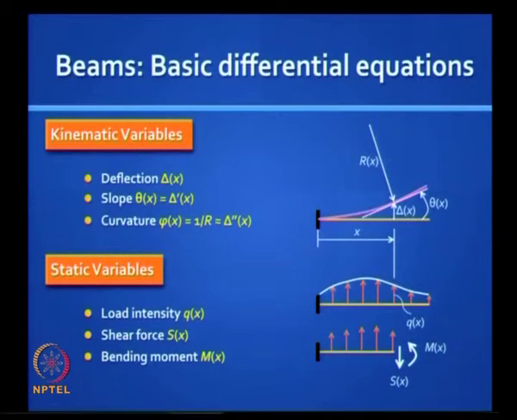Q of x is the load intensity usually measured in kilonewton per meter, and I want you to understand that when the intensity changes along the span, you can't afford to talk about meters. So it is actually more correct to use the language Newton per millimeter, because it can change every millimeter, but it is equivalent to kilonewton per meter.